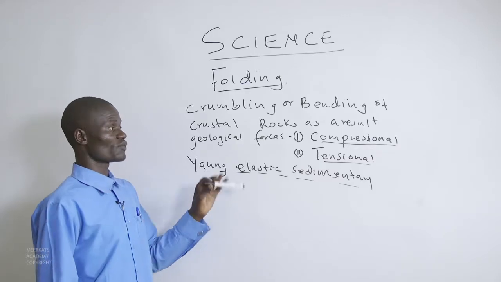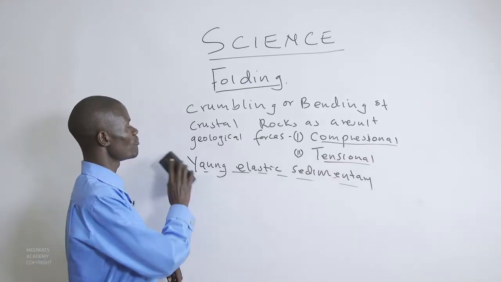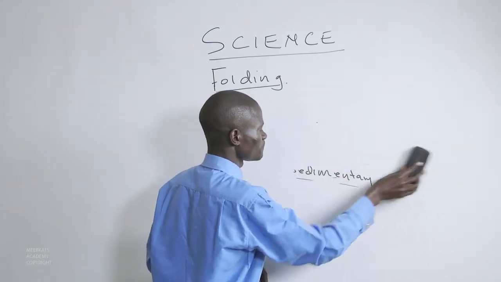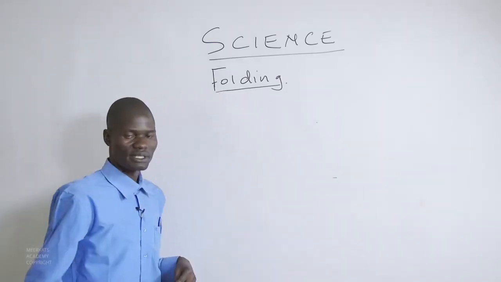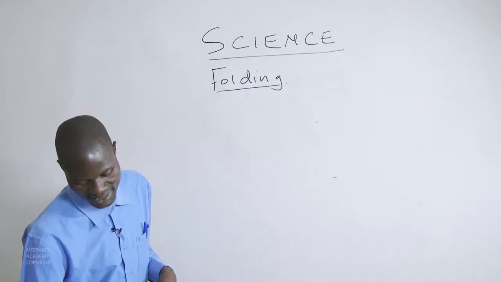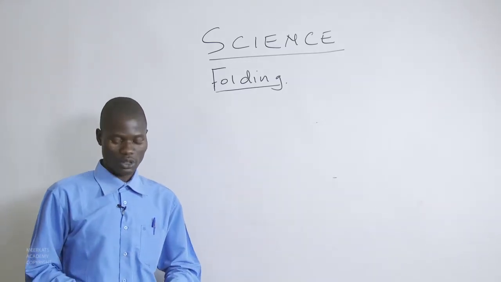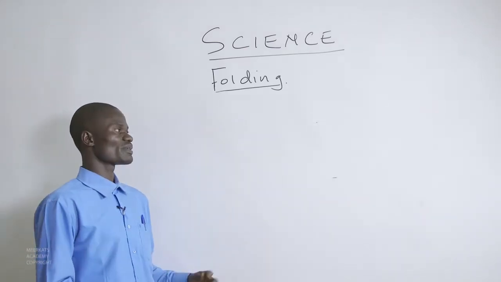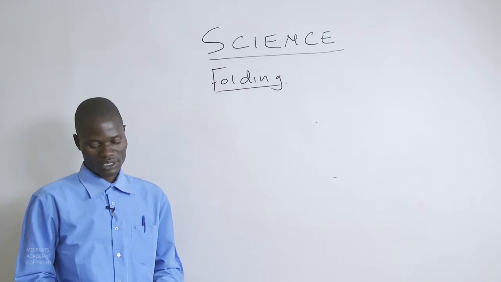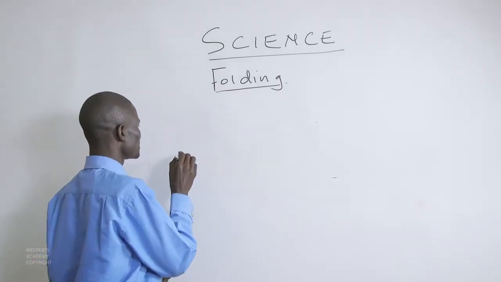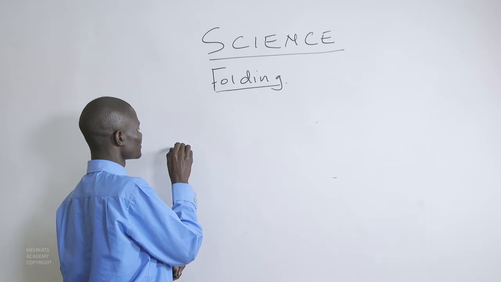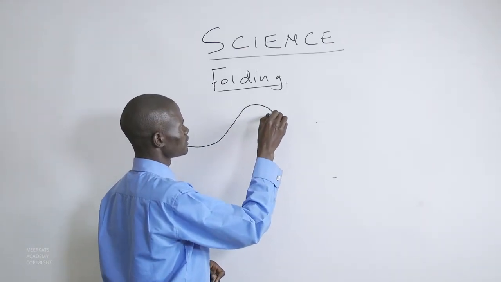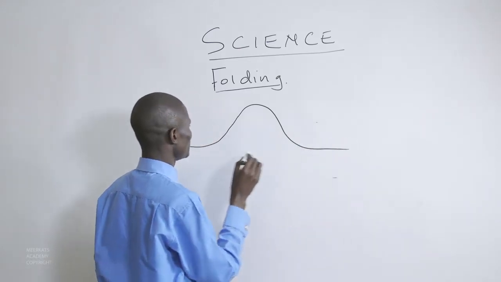Remember some of the causes of these forces or the movement within the earth crust we mentioned earlier. For example, the movement of convectional currents triggers the horizontal movement of the earth and squeezes rocks between them so that they fold. And this one may occur in this manner.